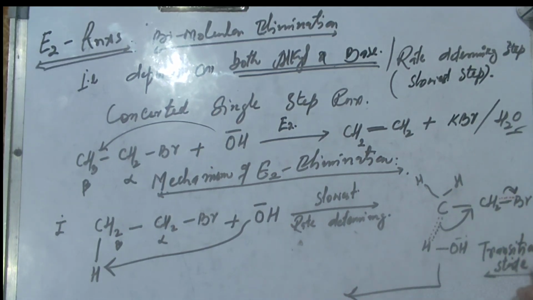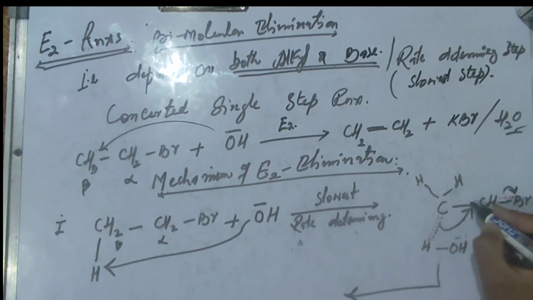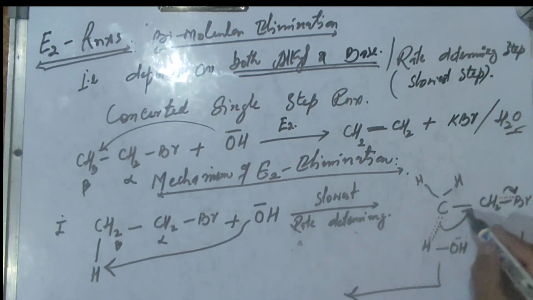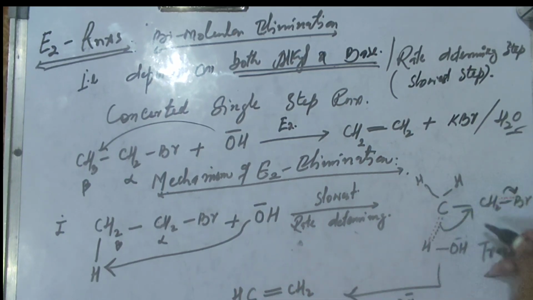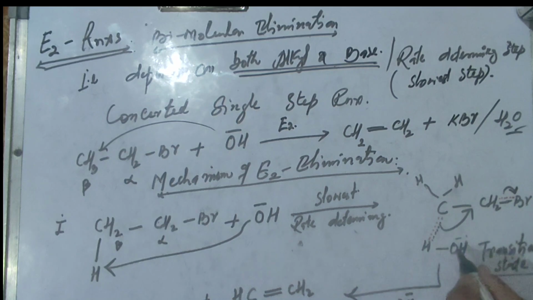Now, this bond completely migrates to here and forms a double bond, and this electron pair shifts towards Br, and Br comes out as Br negative, and we have a double bond here. So we will get C double bond CH2 plus H2O.